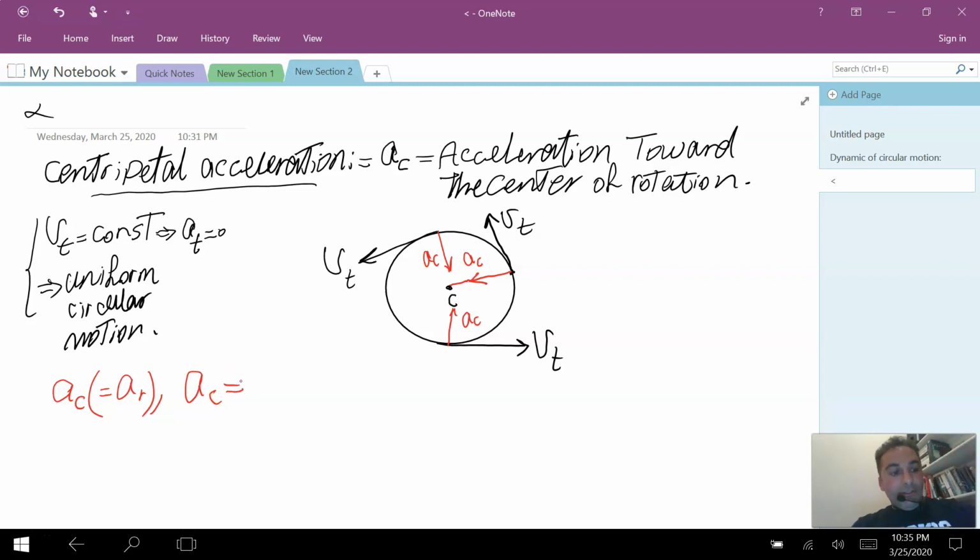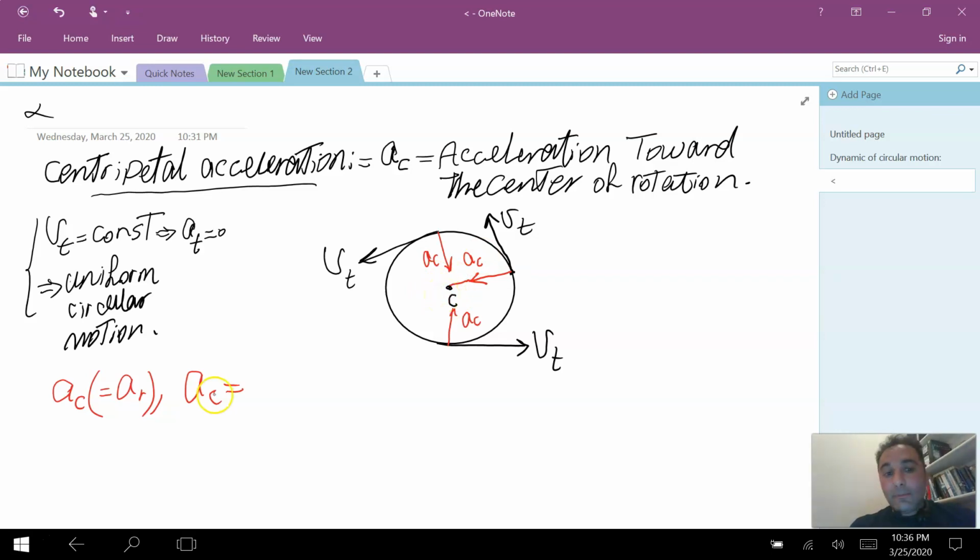I don't prove the equation. The proof is in your book, in chapter 8. It's very simple. So what is the relation between centripetal acceleration and tangent velocity? Who makes this centripetal acceleration? The answer is tangent velocity, which also makes angular velocity.